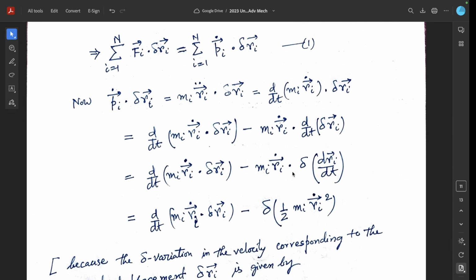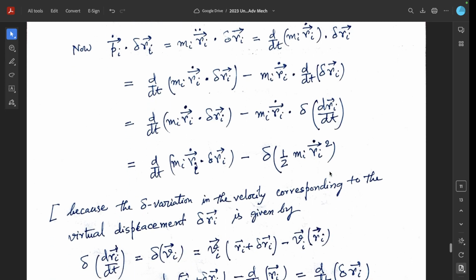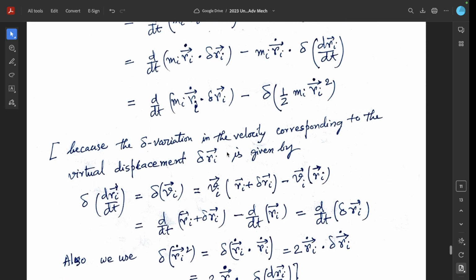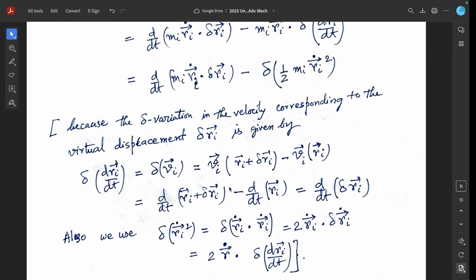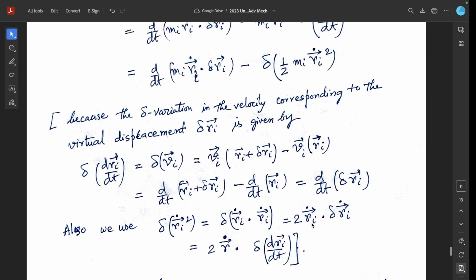And so we can interchange this d/dt and delta, because the variation in the velocity corresponding to the virtual displacement delta ri is given by delta d/dt of ri vector equal to delta vi. So this is vi vector at the position ri plus delta ri minus vi vector at the point ri. So d/dt of this is the velocity, the position vector derivative with respect to time, for the position ri, so d/dt of ri. So this is the d/dt of delta ri.